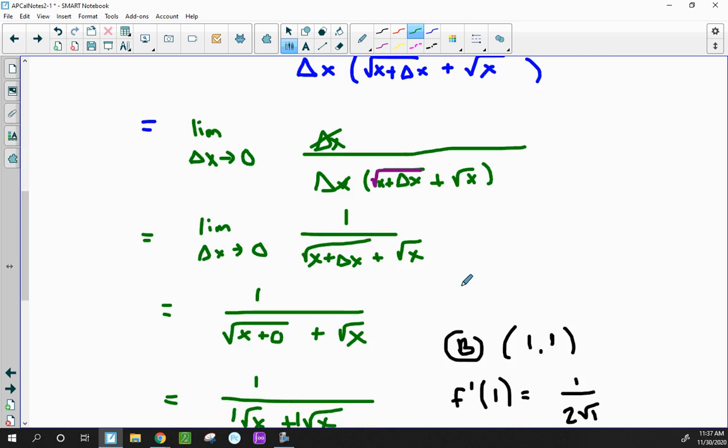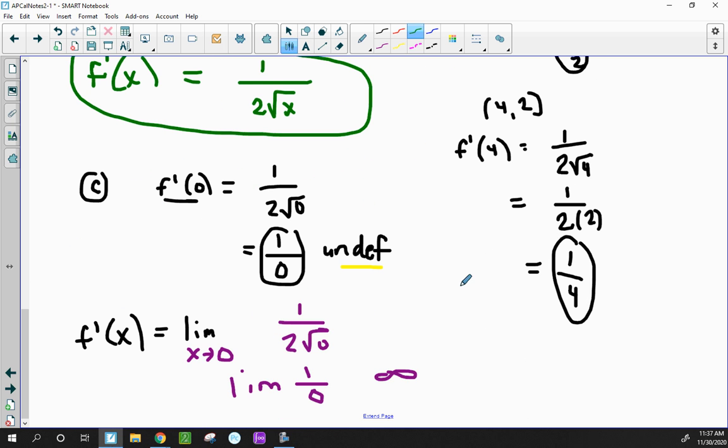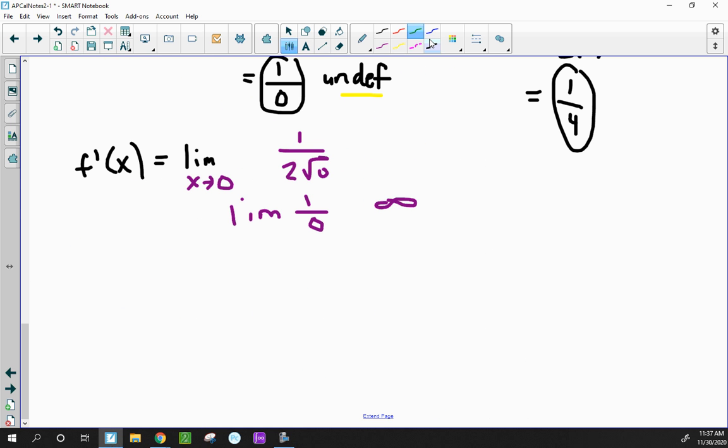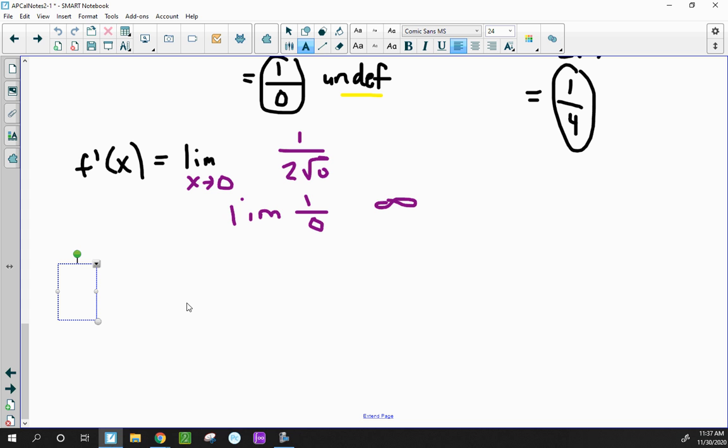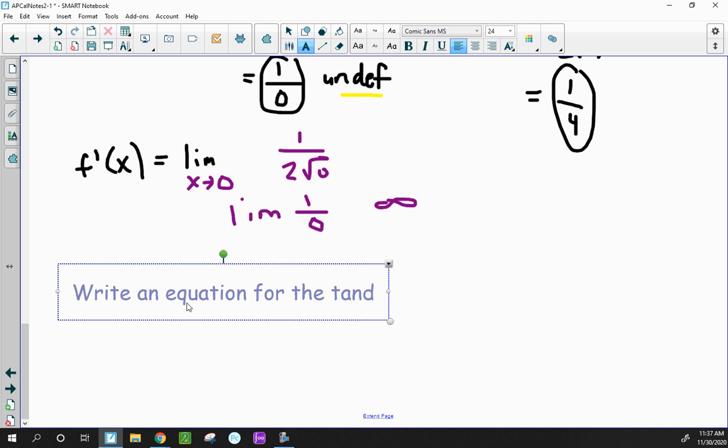Oh, and one other thing on this slide. Promise we're getting close. One of the learning targets, and I need to show you this because it's also going to be in your practice set, is that sometimes they ask you to write an equation for the tangent line. I'm just going to pick one of the ones we've already done.